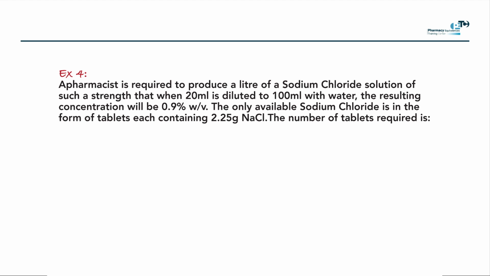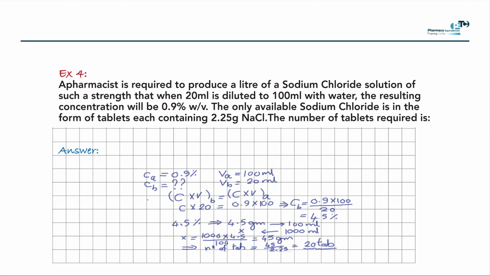And if we take from this solution 20 milli, then dilute it to 100 milli with water, we will obtain a concentration of 0.9% weight per volume. So we can put the concentration after is 0.9% and the volume after will be 100 milli.